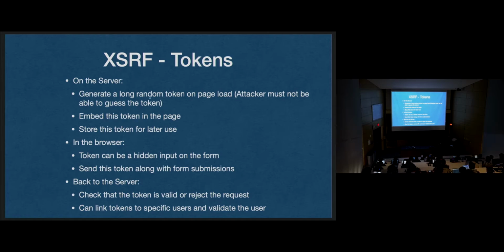What you're going to do is generate a token. It can be any long random string, as long as it's long enough that people won't guess it. We don't have any strict entropy requirements of how long it should be. But it shouldn't be 1 and 2, like an auto-incrementing value like we did for the API.